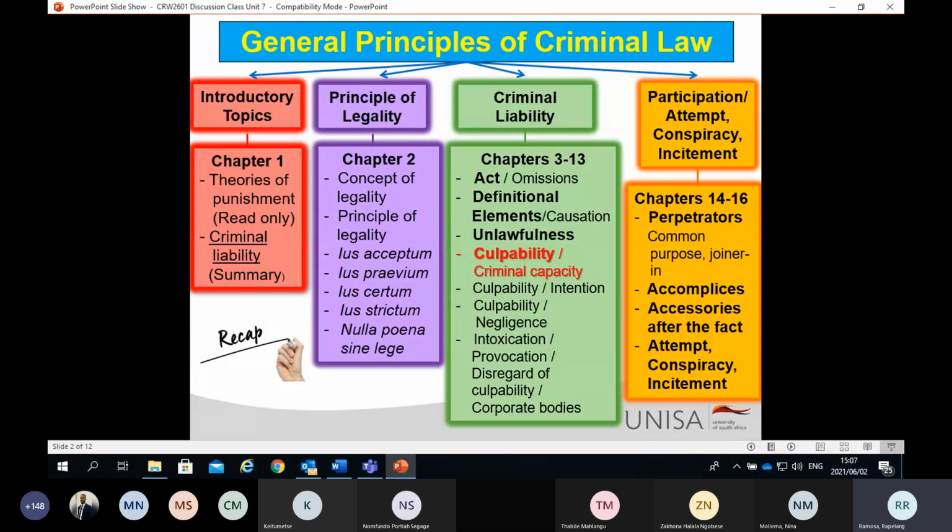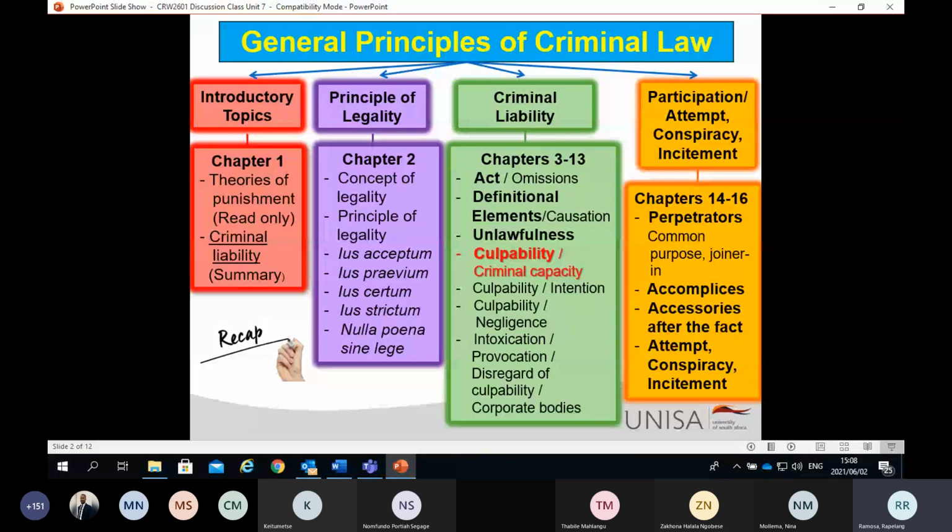On week 3, we covered definitional elements and causation. On week 4, we covered unlawfulness 1, covering private defense and a general understanding of what the concept of unlawfulness means. And last week, Professor Molema covered unlawfulness 2, which covered the rest of the grounds of justification.